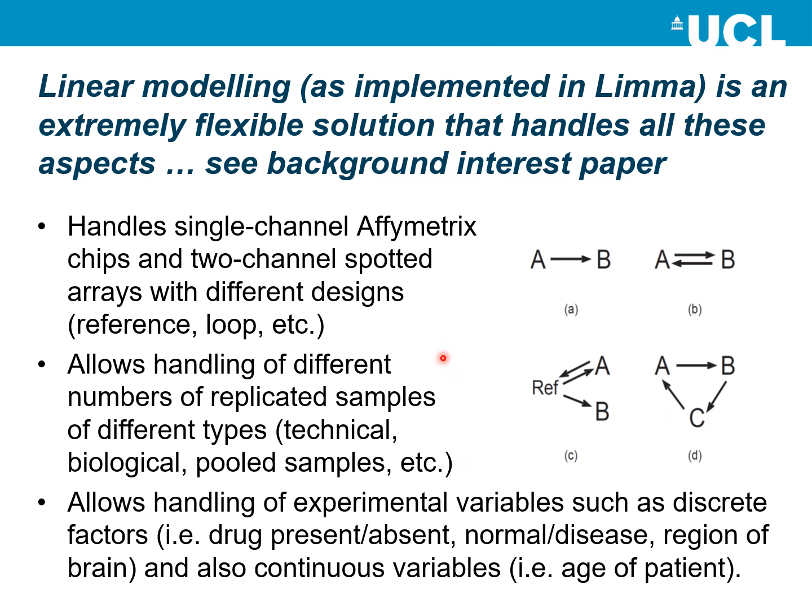And there are all of the aspects of different types of replicated samples and discrete factors and also continuous variables. So limma can handle all of these, and it's got classic linear modeling. It's got a design matrix that takes all these factors into account, and then there's a comparison matrix where you have the comparisons that you wish to make, and it's explained in more detail in the paper.